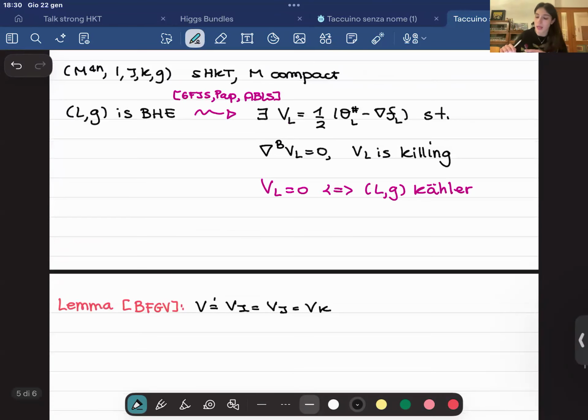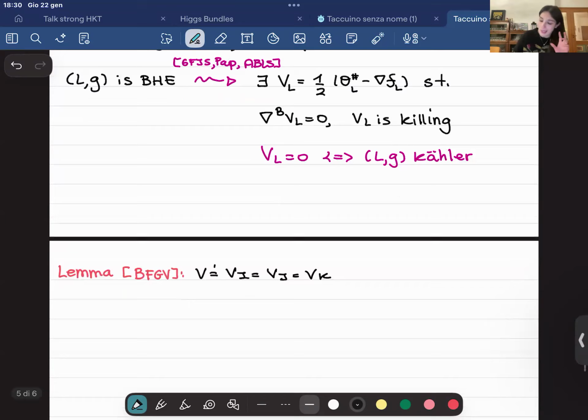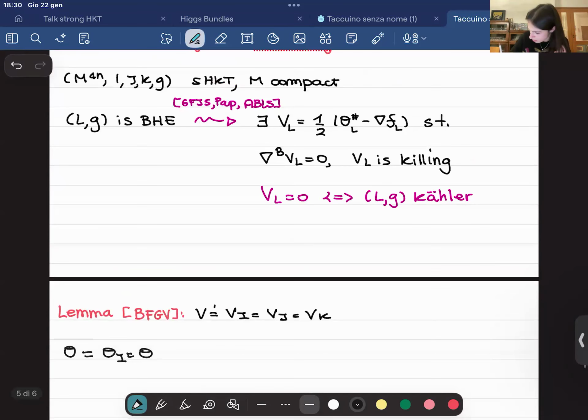So if you remember, V_L is just the dual of the Lee form minus the gradient of the function. But we are lucky. In fact, these 3 guys, theta_I, theta_J, and theta_K, agree with each other. So we can define theta to be the common Lee form. Sorry, I should have mentioned this, this is the Lee form.